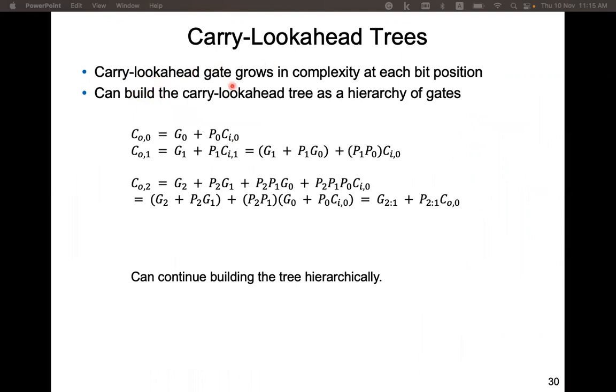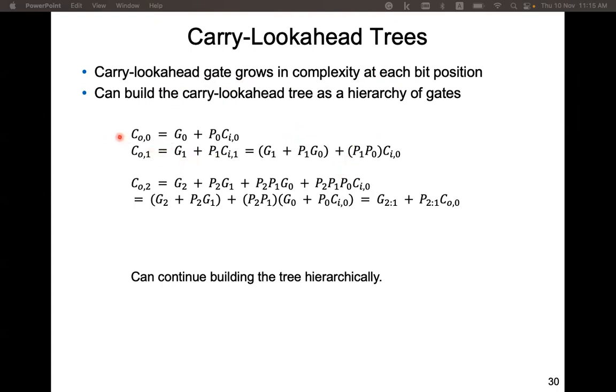So those gates in the carry look ahead adder grow in complexity at each bit position, but we can build a carry look ahead tree as a hierarchy of gates. Let me illustrate the concept here.